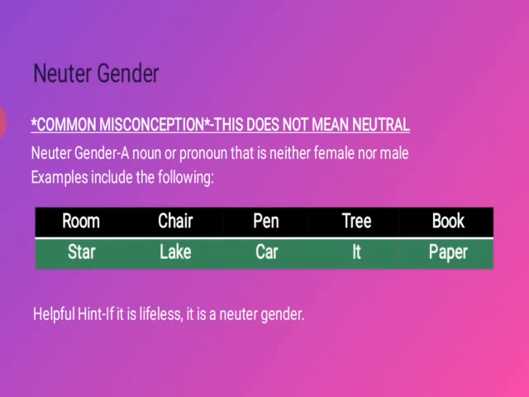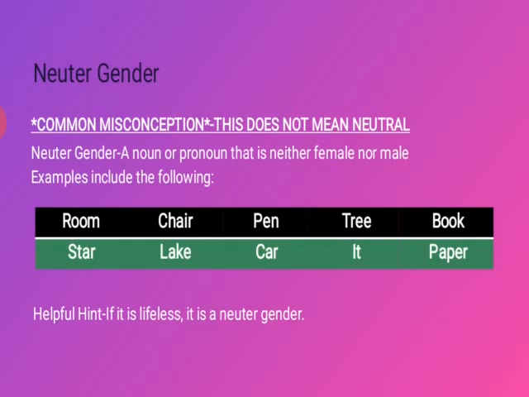Then comes neuter gender. Neuter gender is a noun or a pronoun that is neither female nor male. Examples: room, chair, pen, tree, book, star, lake, car, it, and paper.